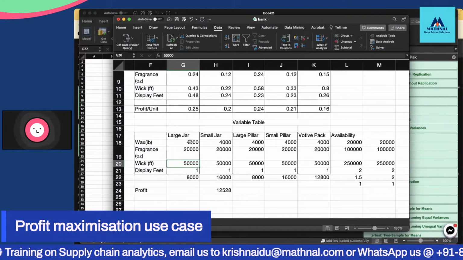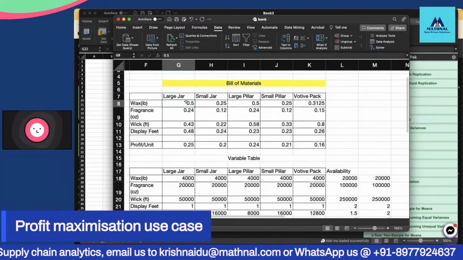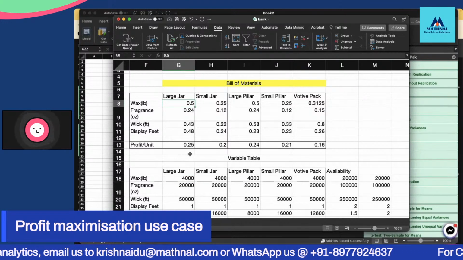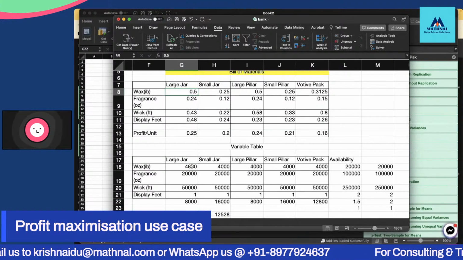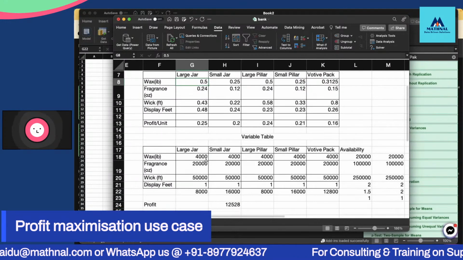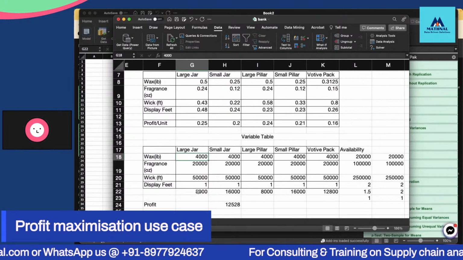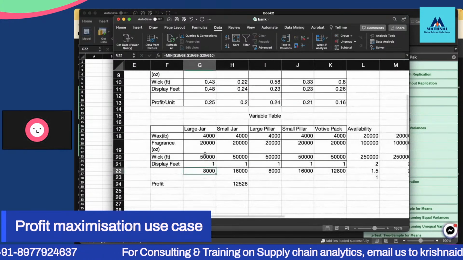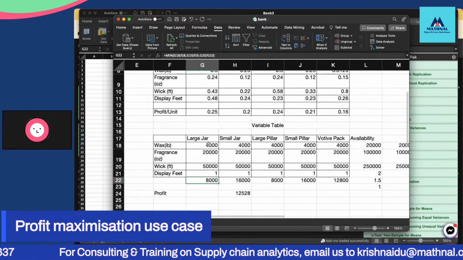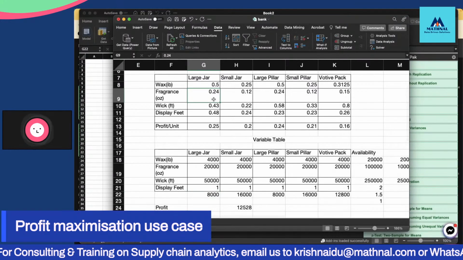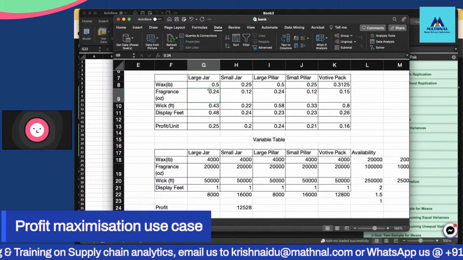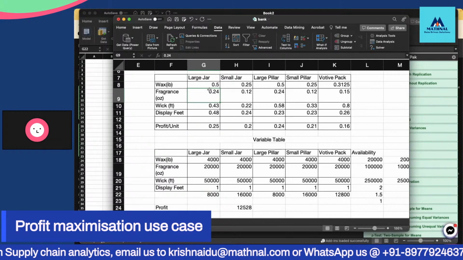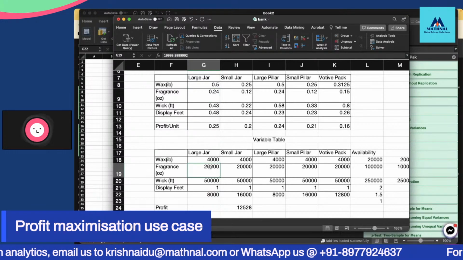So from 4,000 units, suppose you have 0.5, so 4,000 divided by 0.5, that comes to around 8,000. And 0.24 divided by 20,000.